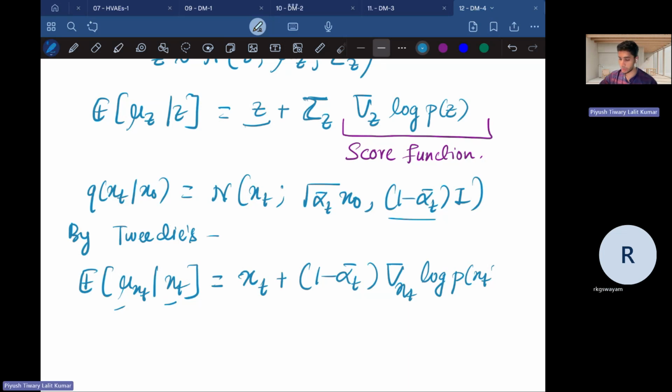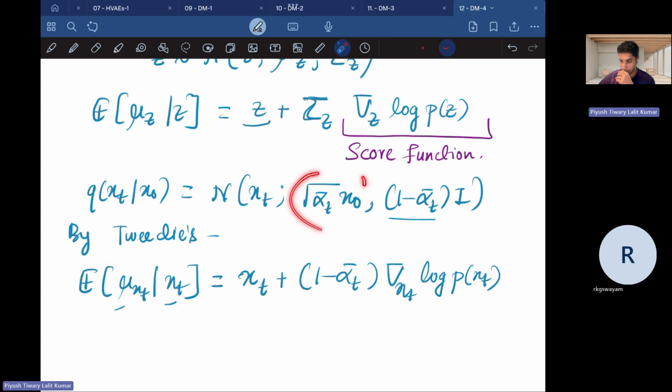So what we can do here is something interesting. Actually, we already know what this thing is, right? This thing is root of alpha t bar x naught, isn't it? So according to Tweedie's formula, the best estimate for the true mean that xt is generated from is this thing itself.